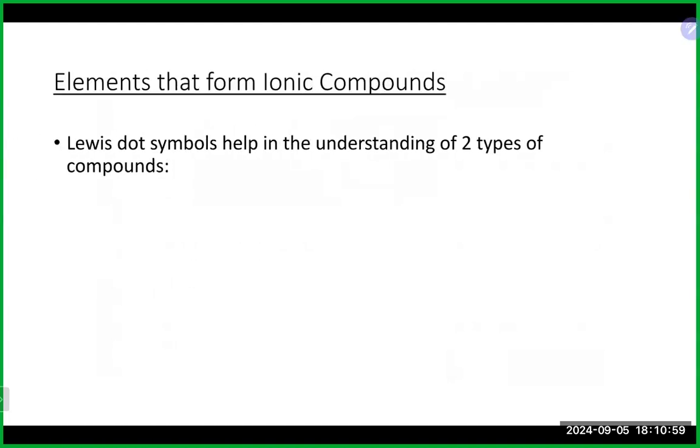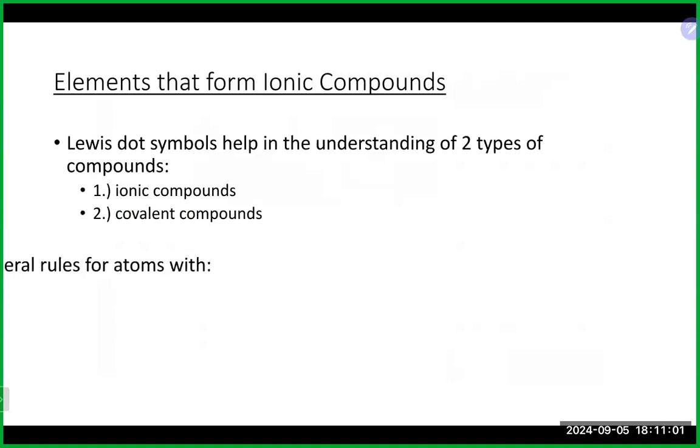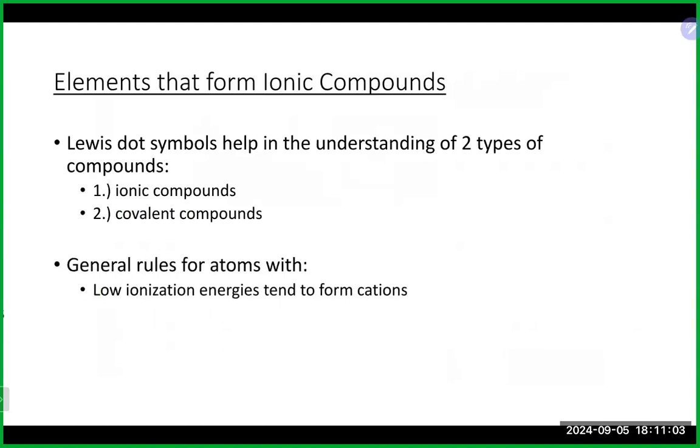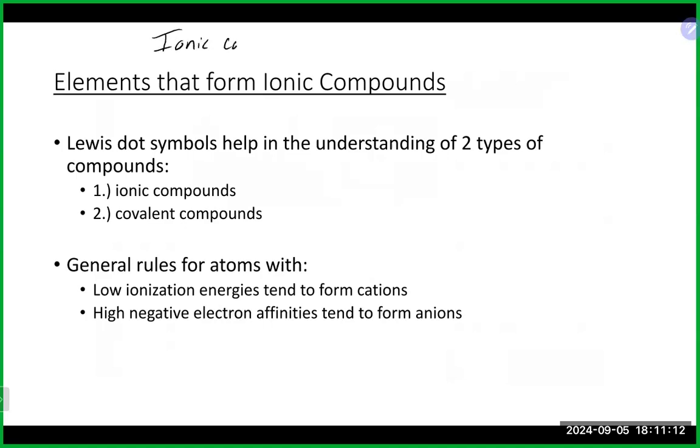So let's talk first off about the 2 different types of bonding and really what the difference is between those 2. First off, we could have an ionic compound, and in an ionic compound, it will always be pretty much a metal and a nonmetal coming together. And as we talked about with our periodic trends, metals and nonmetals have pretty opposite periodic trends.